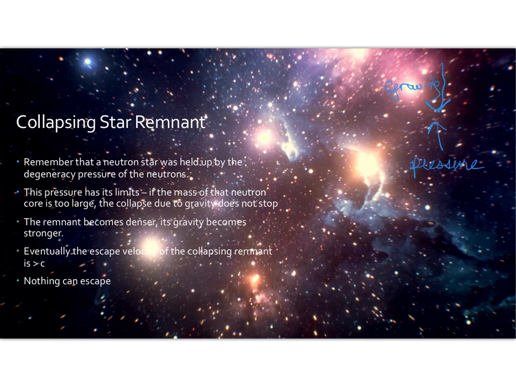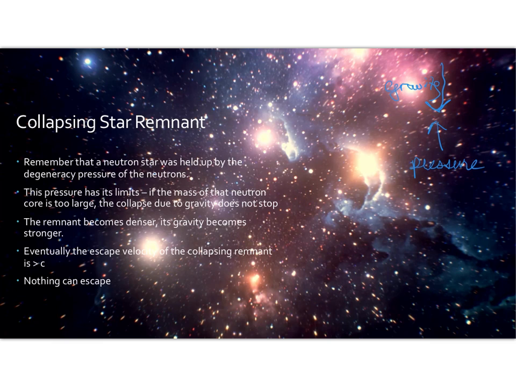And what's happening is, at this point, there is nothing to stop that collapse. That remnant will continue to get smaller and smaller against the force of gravity. And as it does, it becomes much more dense. Its gravitational field becomes extremely strong. And at some moment in time, the escape velocity of that remnant is equal to the speed of light and then quickly exceeds it.